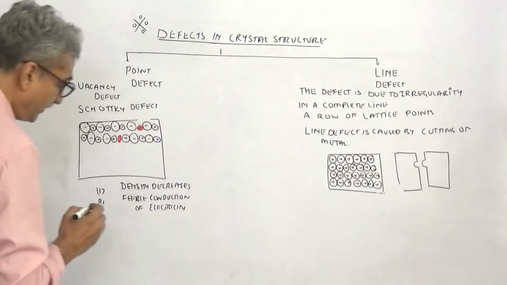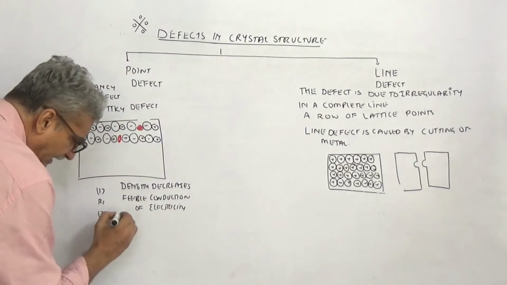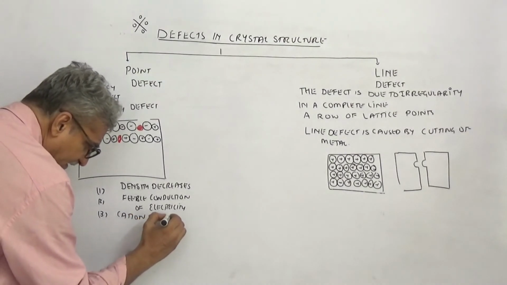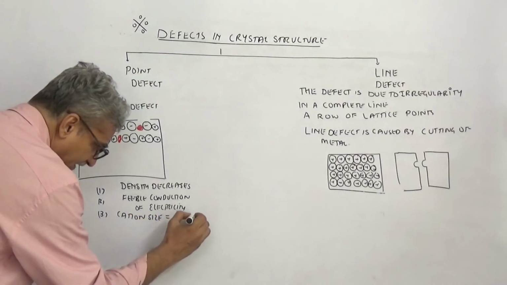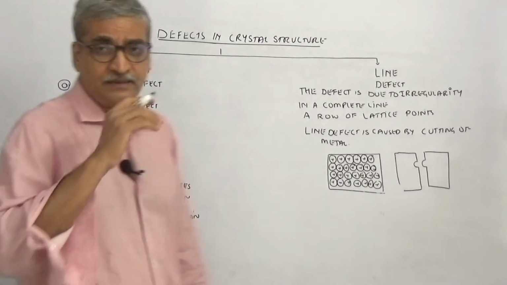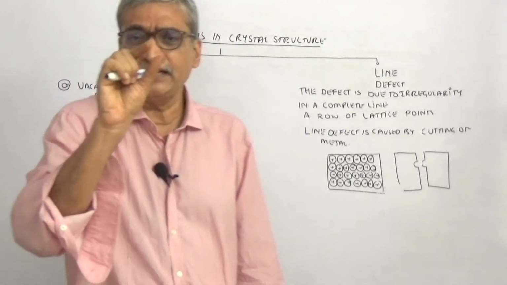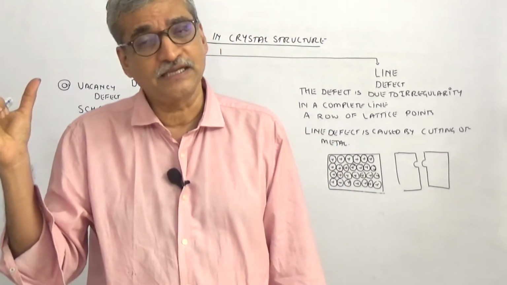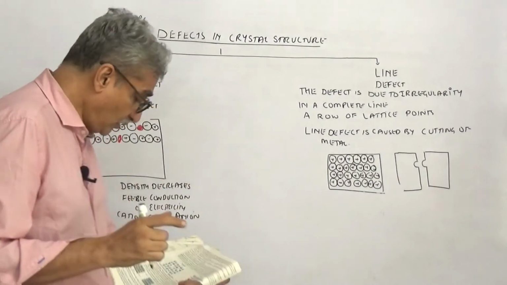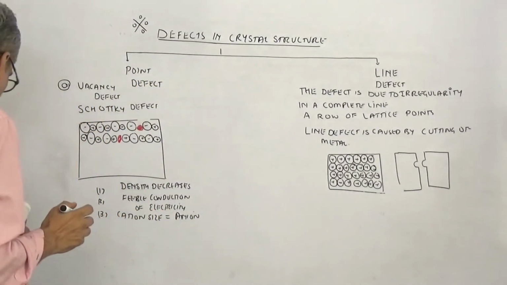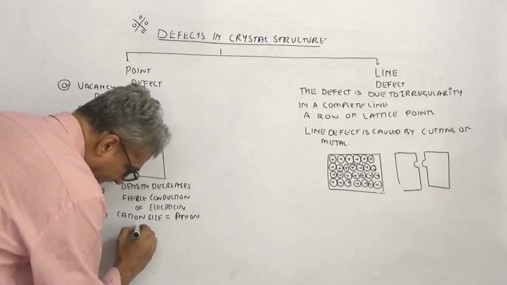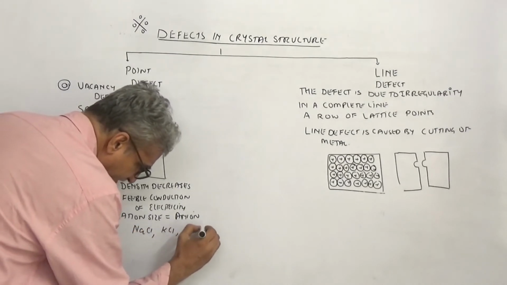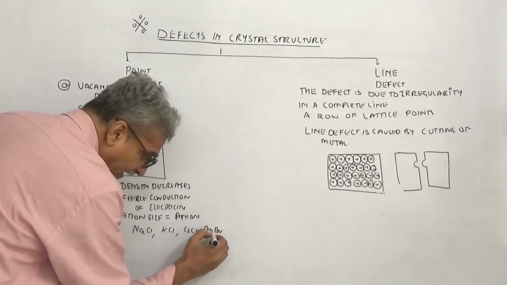So the condition, third point is, when the cationic size is nearly equal to the anionic size. For example, if I take lithium iodide, the cation is small, iodide anion is large. But if I take sodium chloride, potassium chloride, cesium chloride, and I am writing over here AgBr.